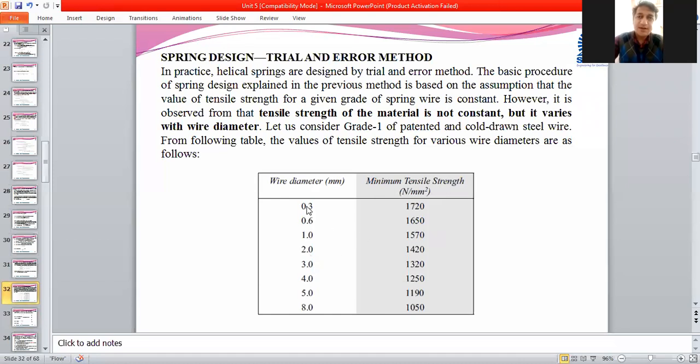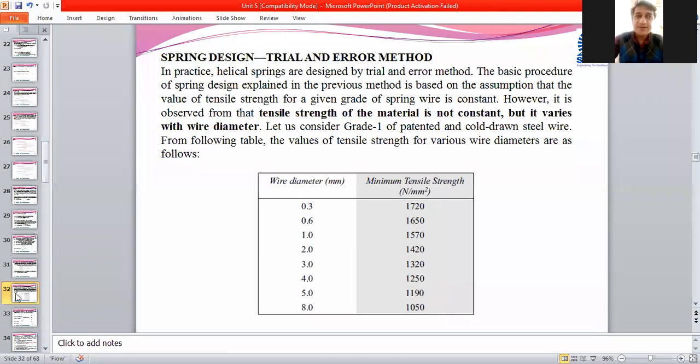So from this table, as the wire diameter is 0.3, it was discussed that the minimum tensile strength is 1720. As the diameter is increased gradually, you can see for all these wire diameters that the tensile strength decreases.